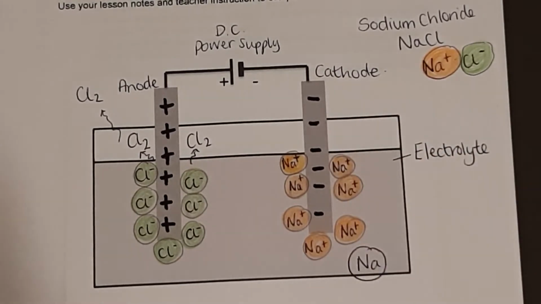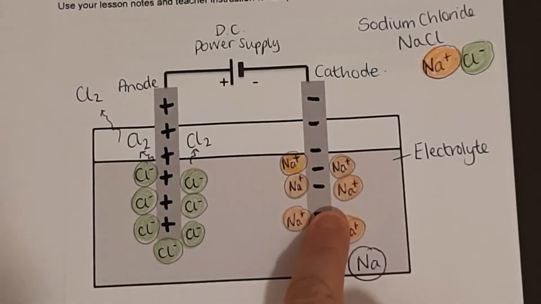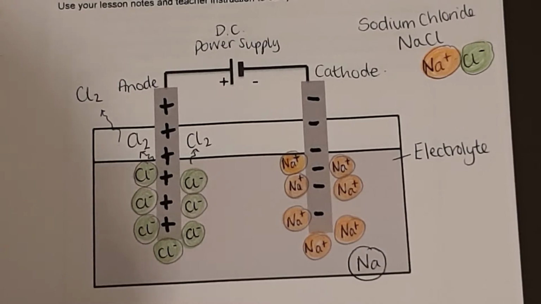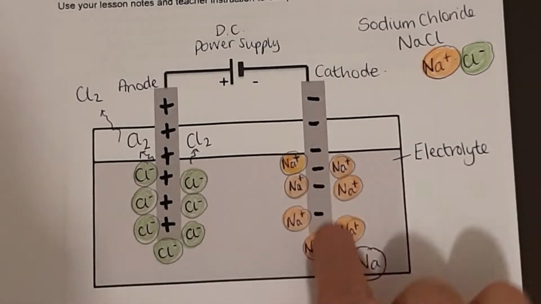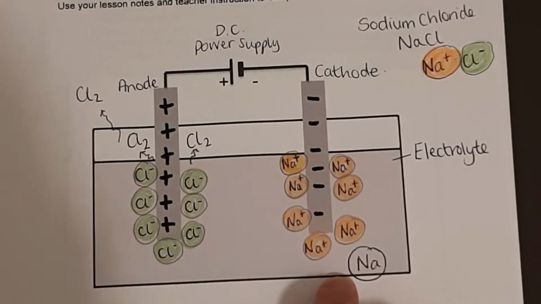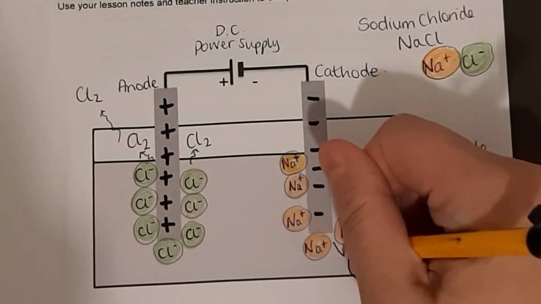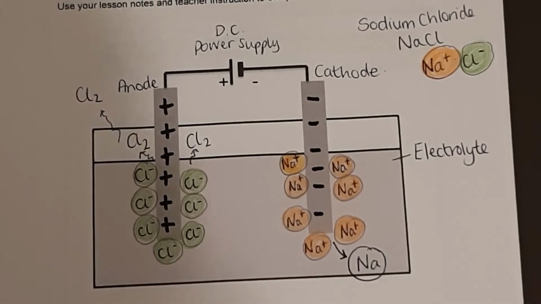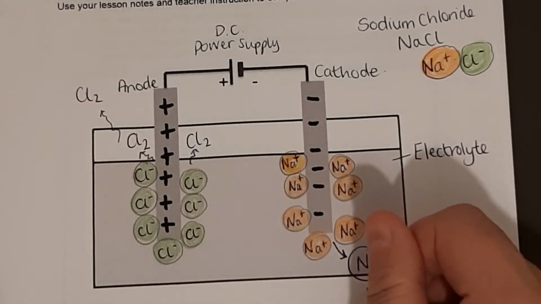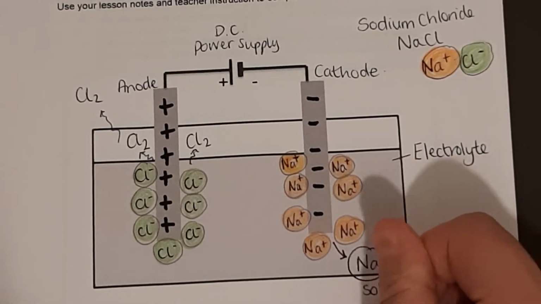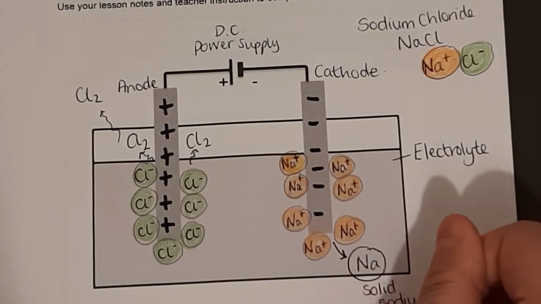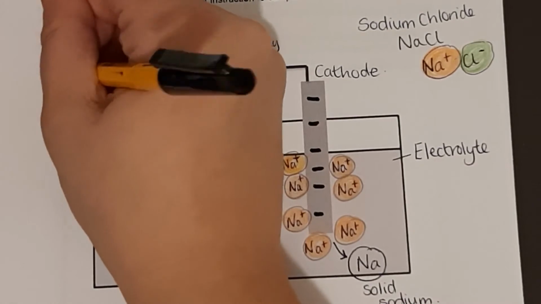So this sodium is no longer an ion; it either sticks to the cathode and forms a coating on top of it, or it will eventually drop off and fall to the bottom of the container underneath the cathode. So you get solid sodium. And we should label this chlorine gas.